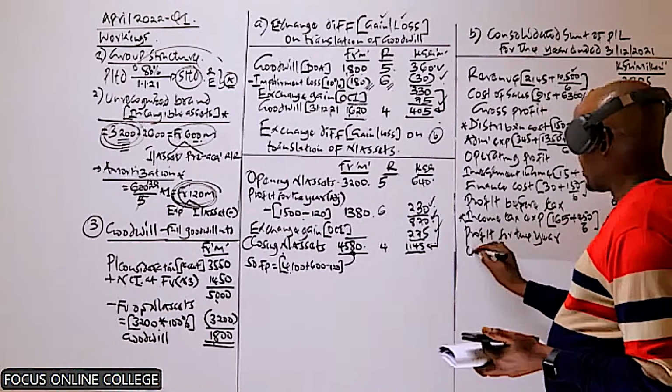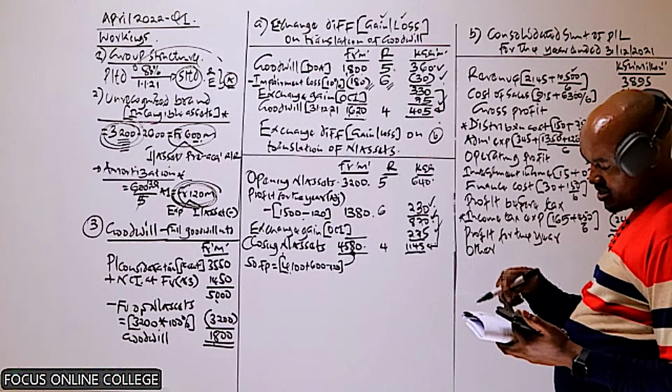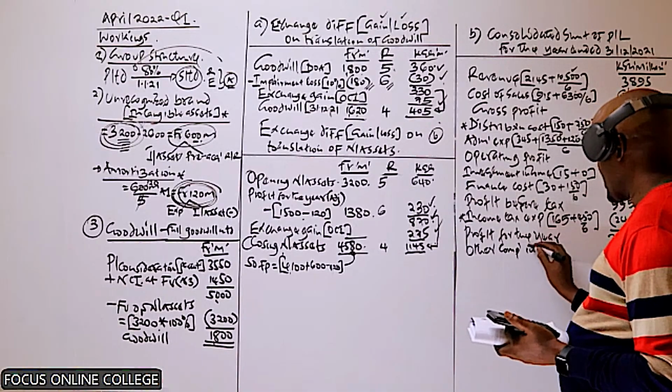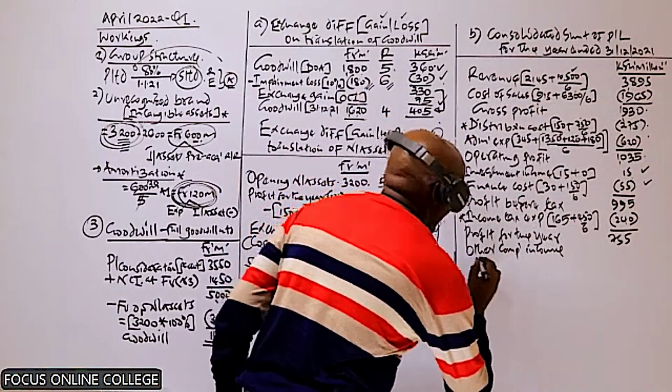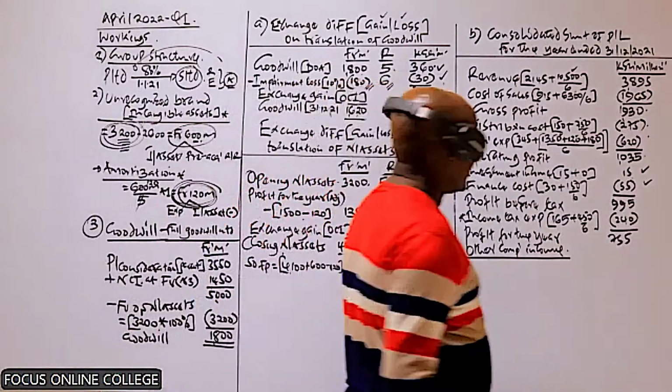So finally, I hope you can see there is nothing else given in that statement of profit or loss. But here we proceed and add the other comprehensive income. What do we recognize here as other comprehensive income?